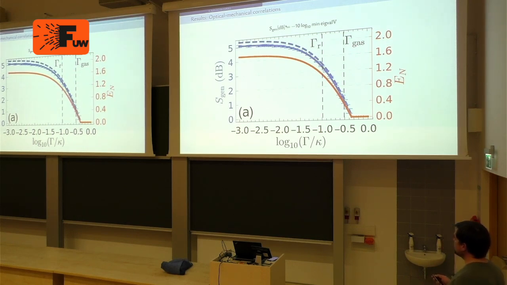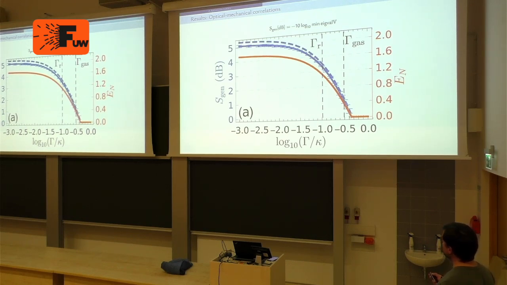On the x-axis, I have the main enemy of the optomechanical experiments: the heating rate of the mechanical motion. All the parameters here are taken from the levitated experiment by the University of Vienna, the Aspelmeyer group, where they did the ground state cooling in 2019.